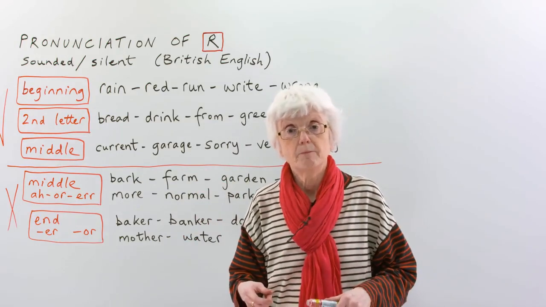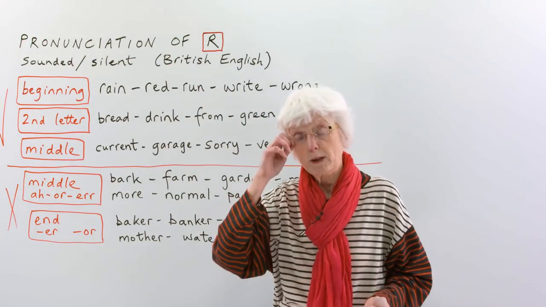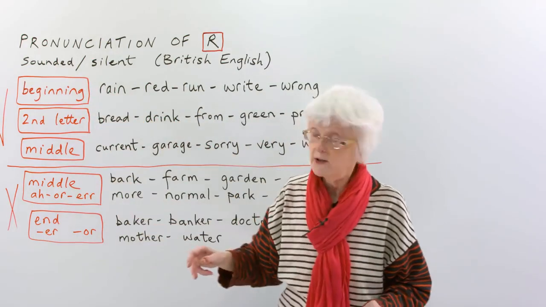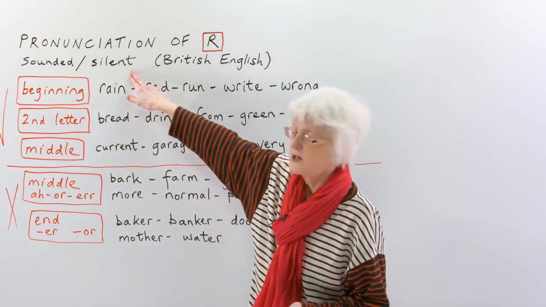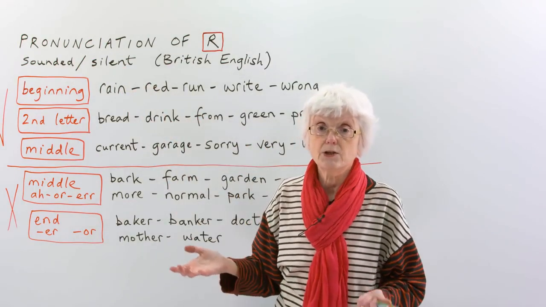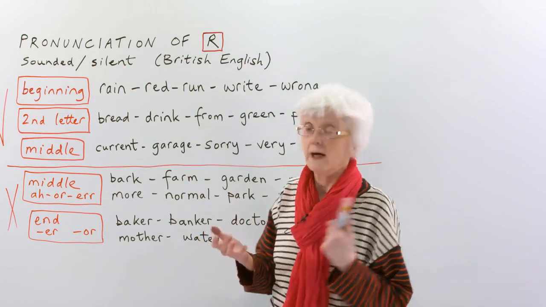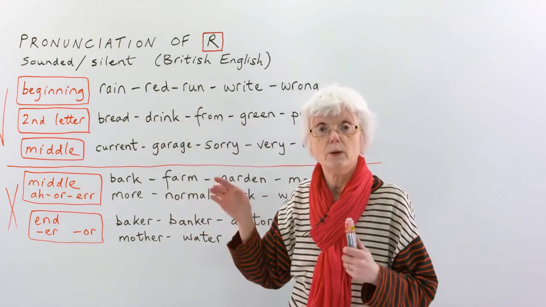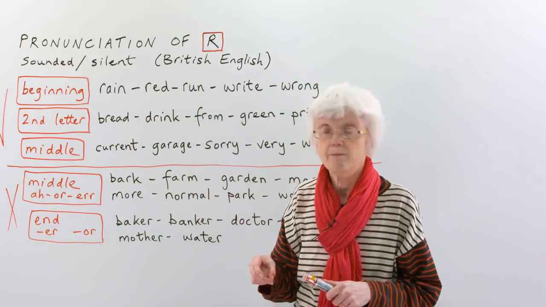Okay, so this is sometimes confusing for people because sometimes the R is sounded, so r, like that. Other times it's completely silent and you just get a vowel sound instead. Okay, so I've got several examples here to illustrate the different variations.